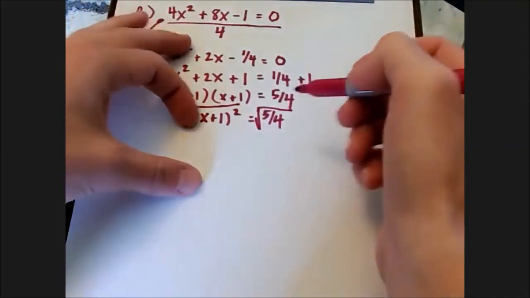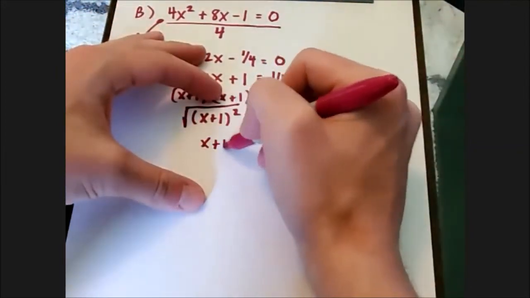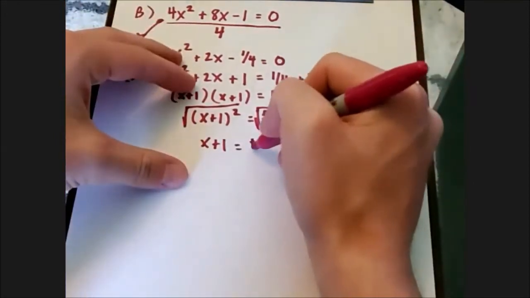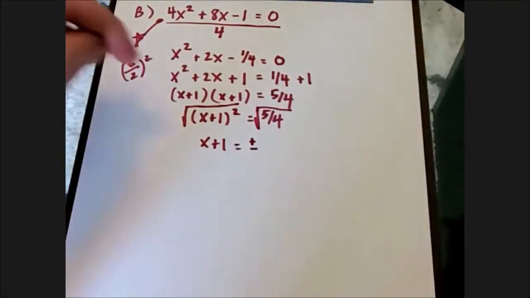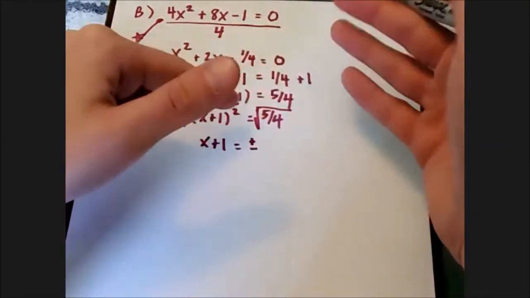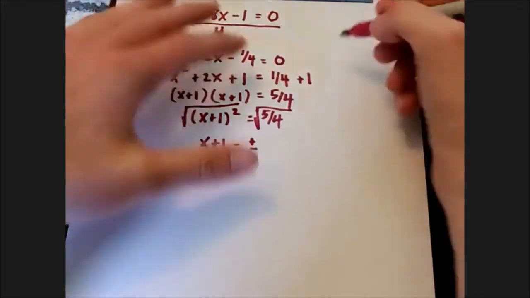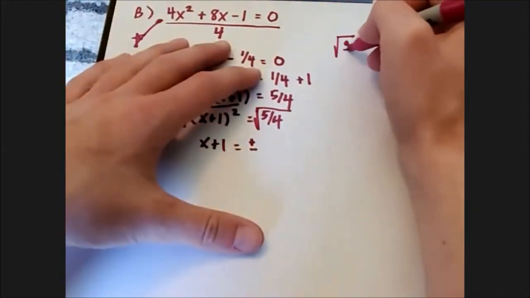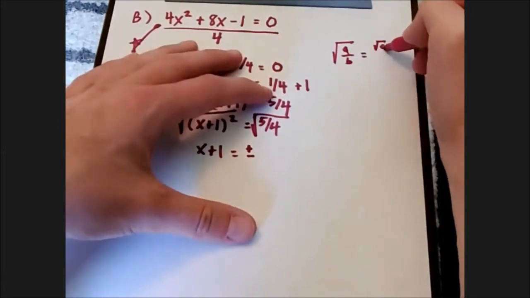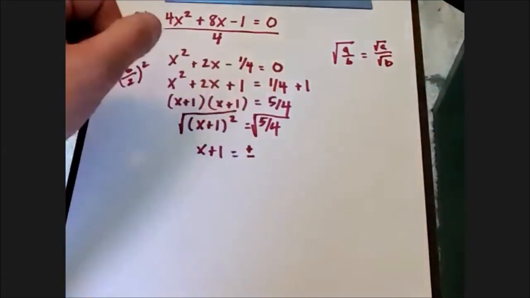The square root of x plus 1 squared is just x plus 1. I took a square root inside of an equation, so I need the plus or minus. And then you have the square root of a fraction here. So please be advised that if you square root a fraction, we'll jot this down. It's been a couple of days since we've talked about this, but the square root of a over b is the square root of a over the square root of b.